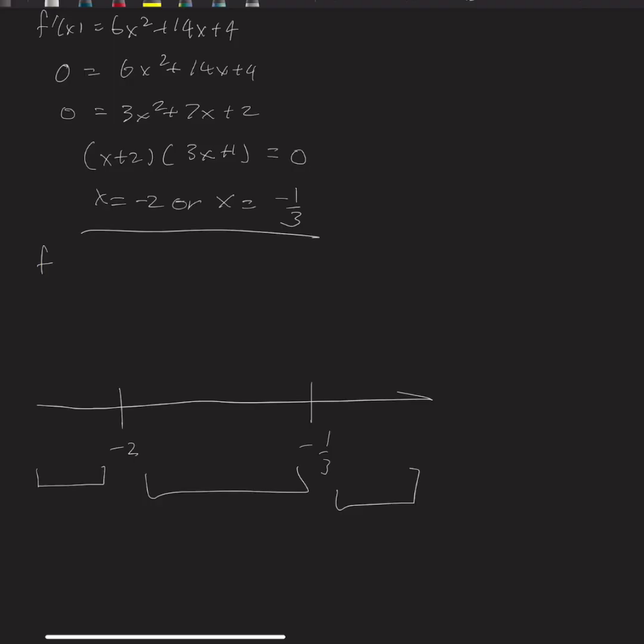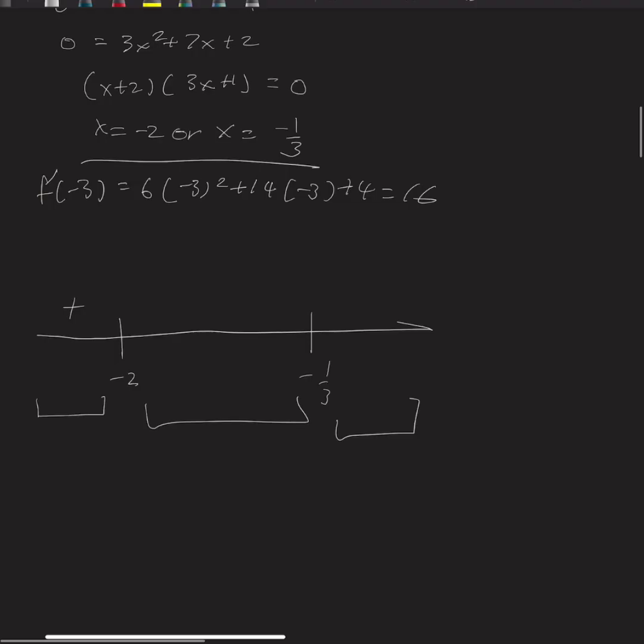Let's say it's -3. f prime of -3 is 6 times -3 squared plus 14 times -3 plus 4, which equals 16. So over this interval the derivative is positive, which means that for x less than -2, it's increasing.